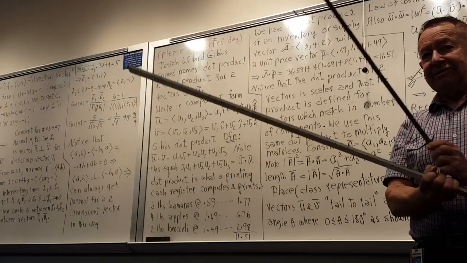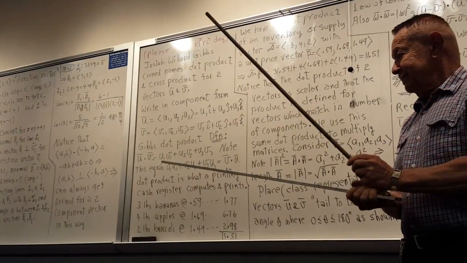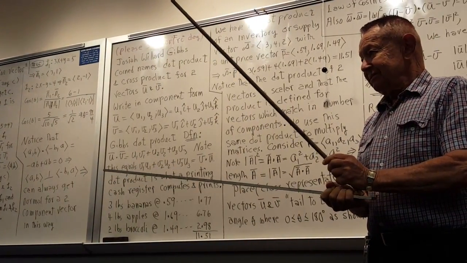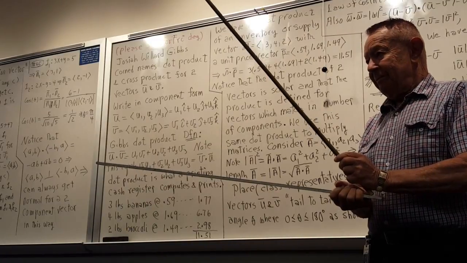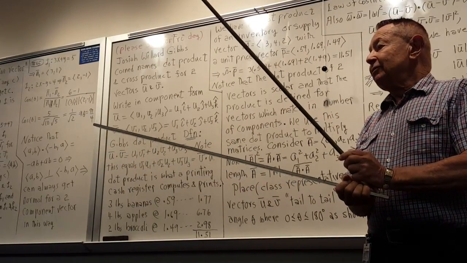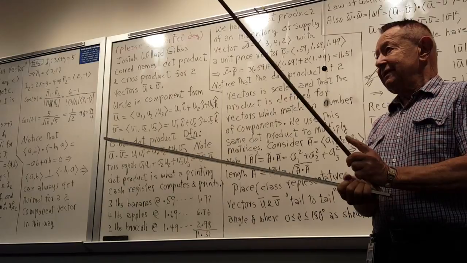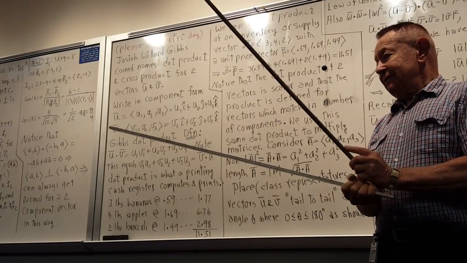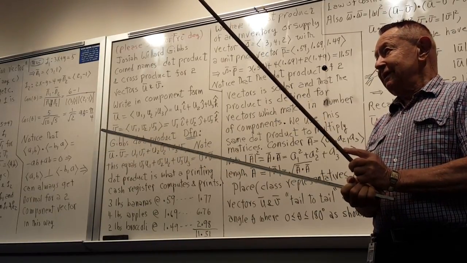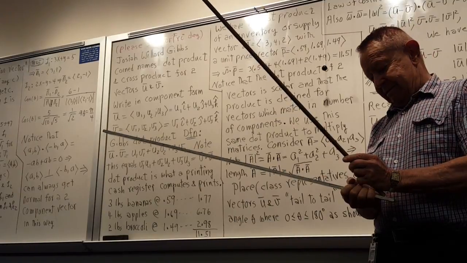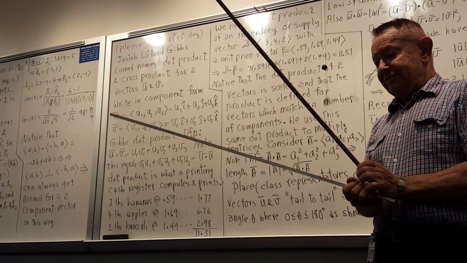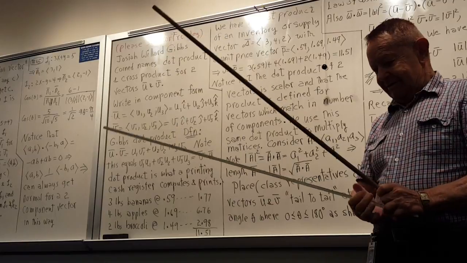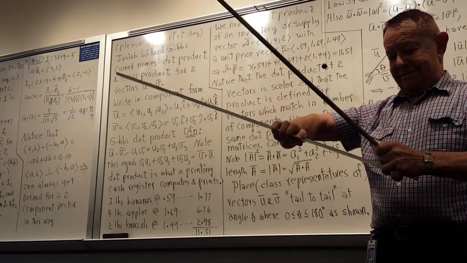Okay, so theta is the angle between the meter stick, say, and my pointer. And so what I'd call the projection, thinking of the pointer in the direction of the meter stick, would be the base of a right triangle.